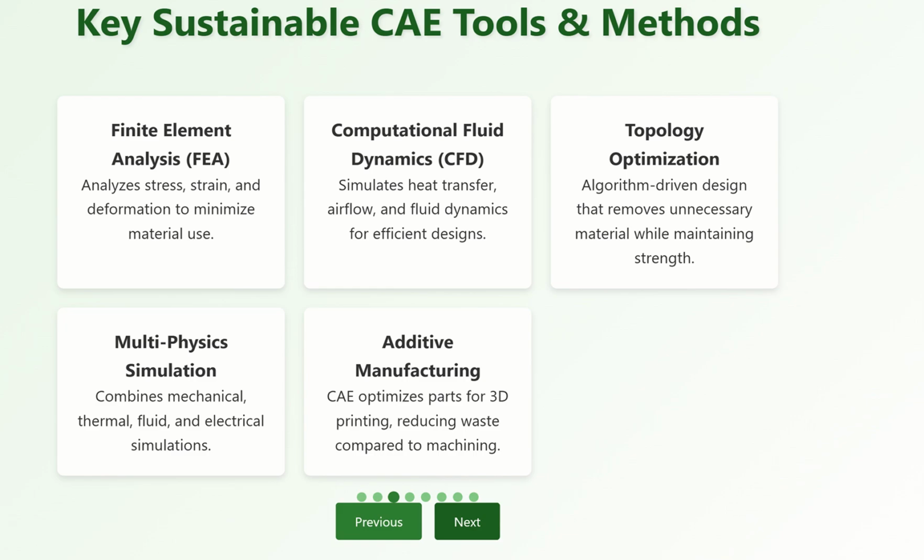So this one we also do an analysis in software. So when you analyze stress, when you analyze strain, and when you also analyze deformation, either using volumetrics or using other methods that are there, it will always help us to minimize the material usage. So this is one of the key tools or key methods you can use in our sustainable computer-aided engineering. Number 2, we have what we call CFD.